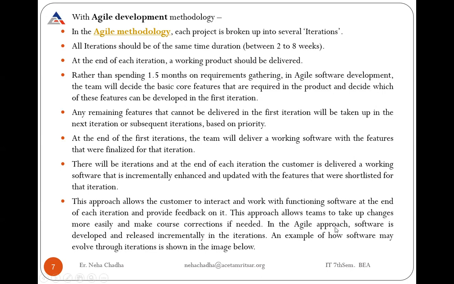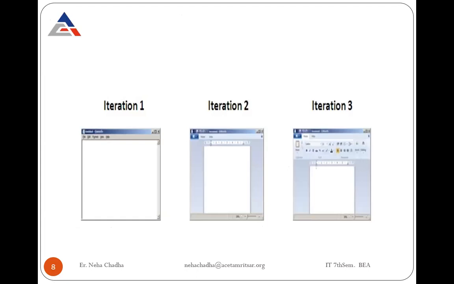In the agile approach, software is developed and released incrementally in the iterations. An example of how a product evolves through iteration is shown in the image. Let's take an example of Google making an MS Office.